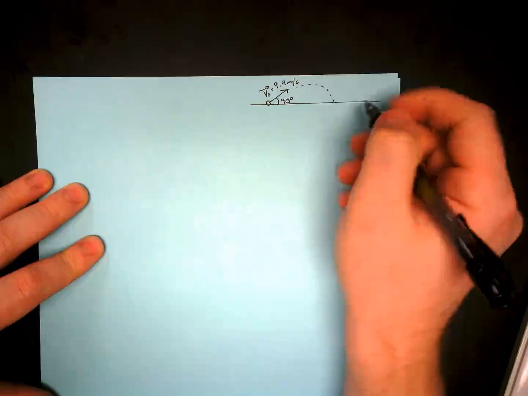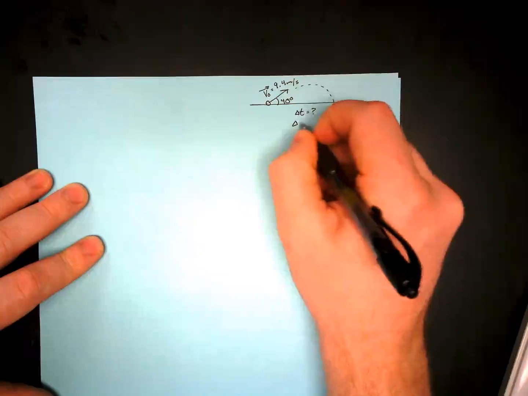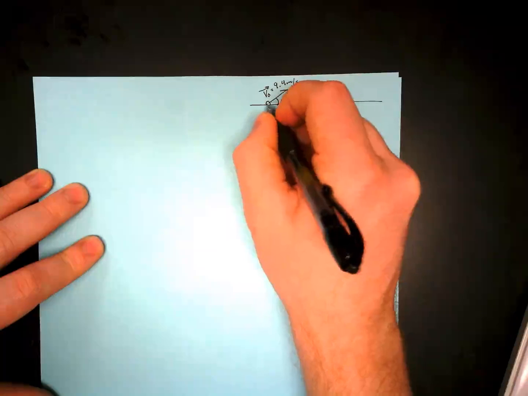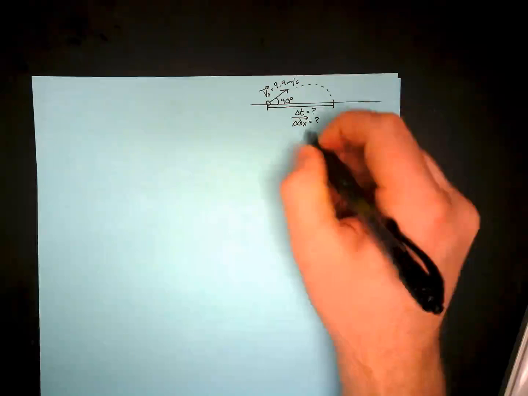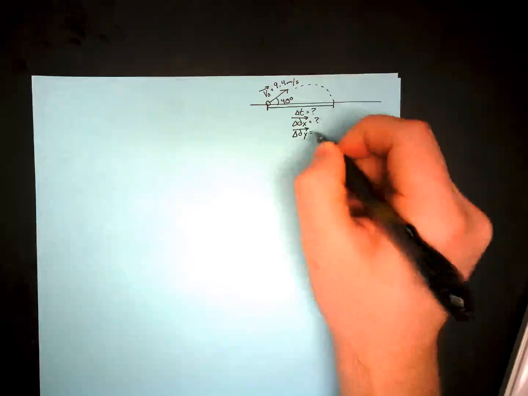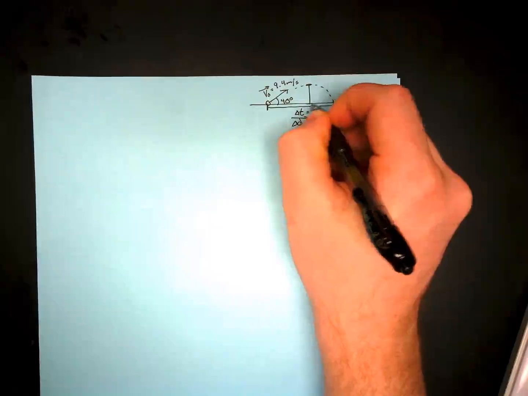So what we have to do is find the time it took to do this. We have to find the range, which is going to be the displacement on the x-axis. So from here to here, what is this distance? And then we're also going to find the maximum height. So that's going to be from here to the ground.